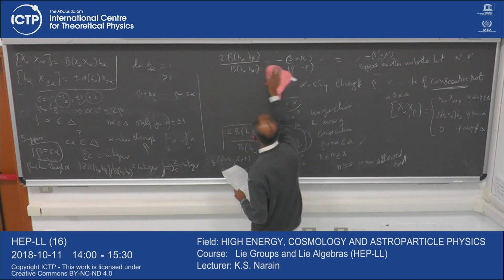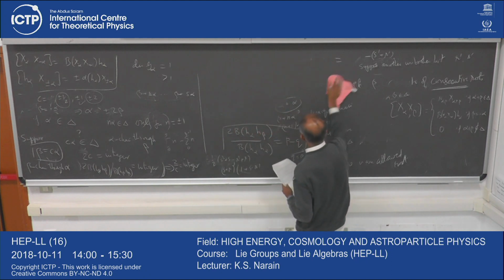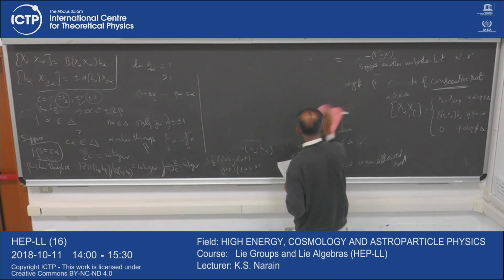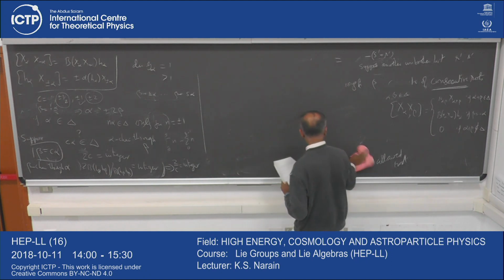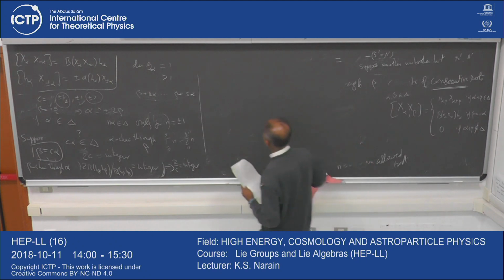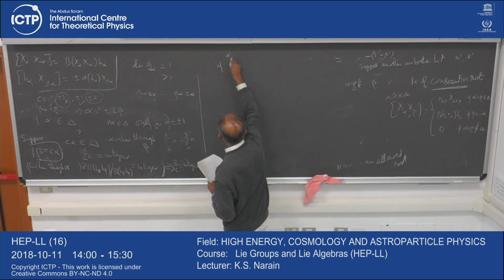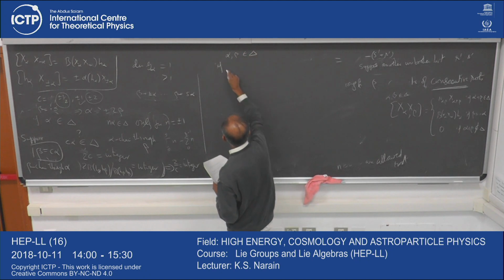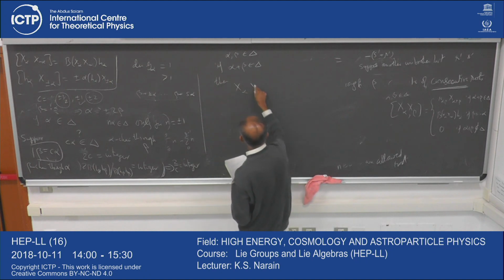So we want to prove that if alpha plus beta is a root, so alpha, beta belong to the roots, and if alpha plus beta also belongs to the roots, then the commutator of x alpha, x beta cannot be 0.